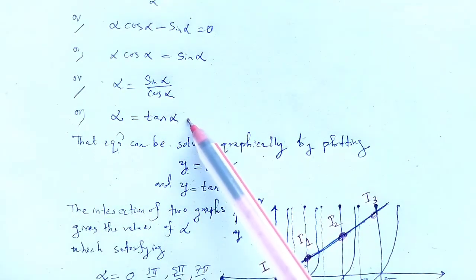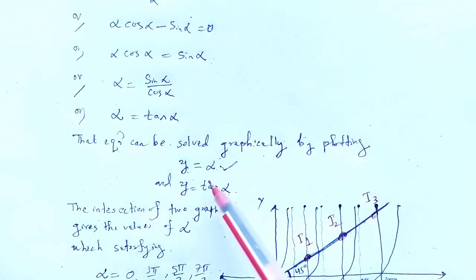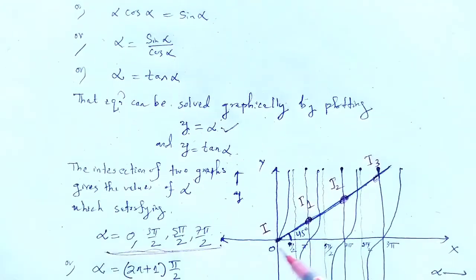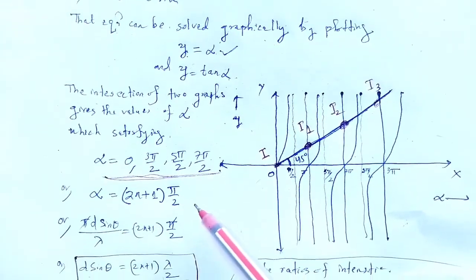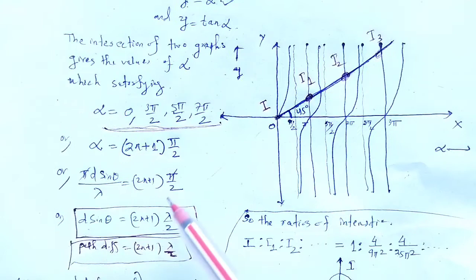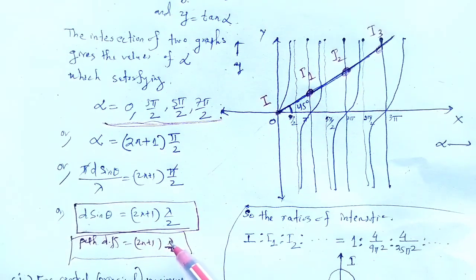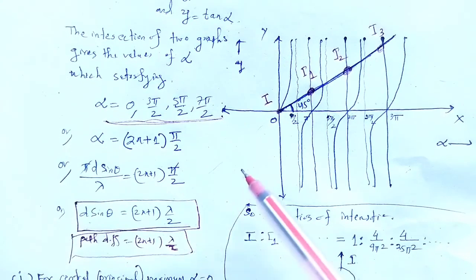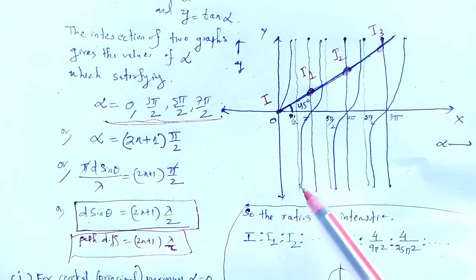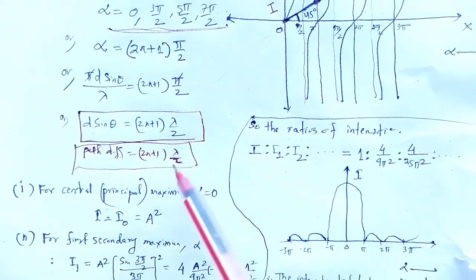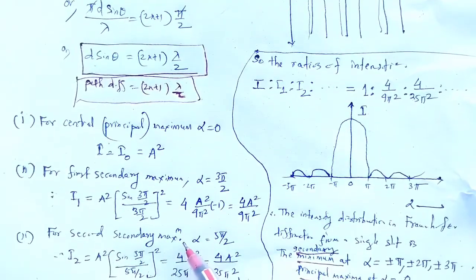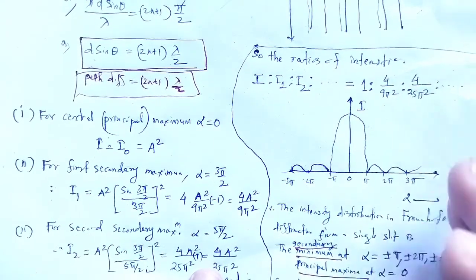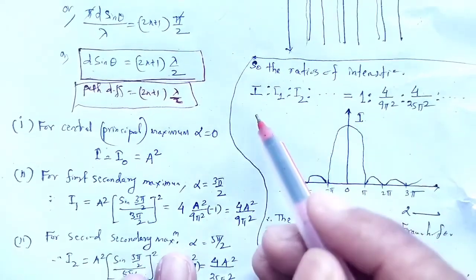Alpha is equal to tan alpha, that can be solved by taking two equations and graphically we solve; the values of alpha are odd multiples of pi by 2. From that expression we have the path difference as odd multiple of lambda by 2 for maxima. Then we have the central maximum, first secondary maximum and second secondary maximum, and the ratios of intensities.